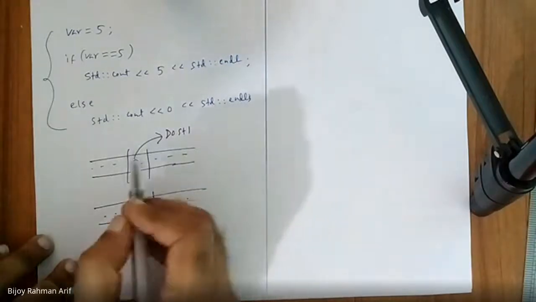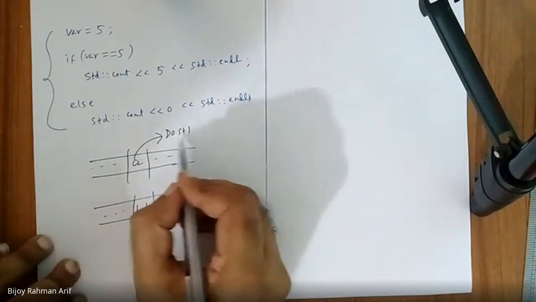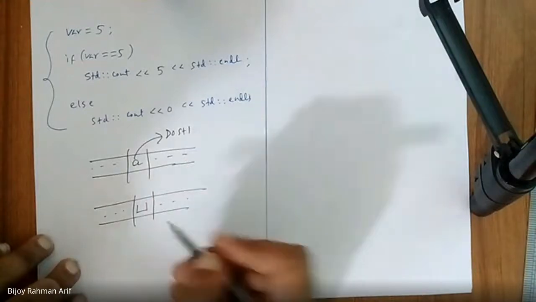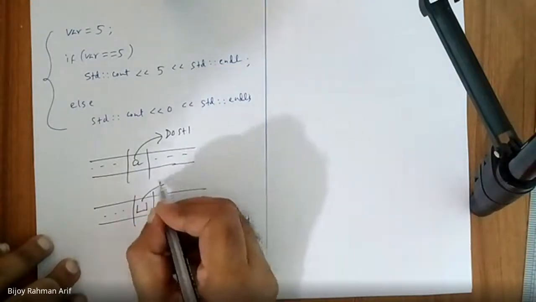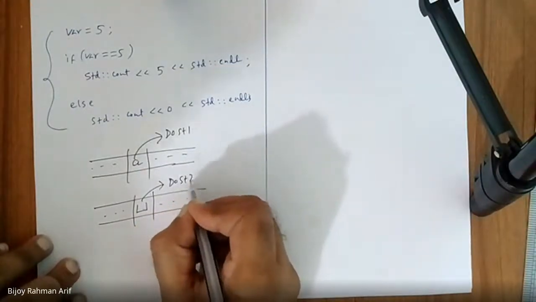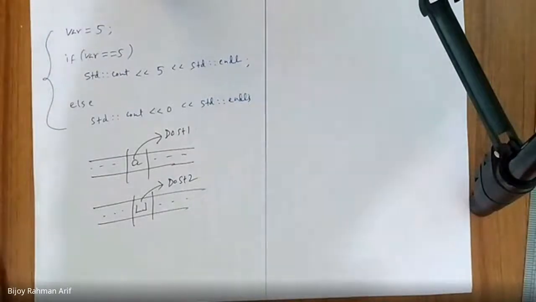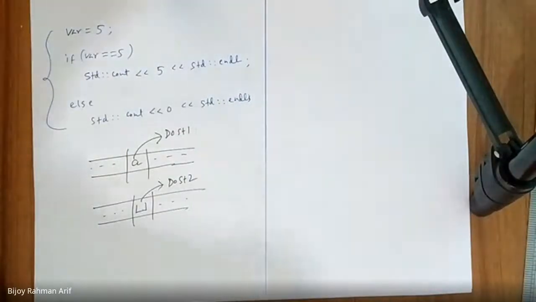When I get A in my finite automata, I say do something one, and whenever I get blank, I say do something two. So the decision is taken. Did you get it?